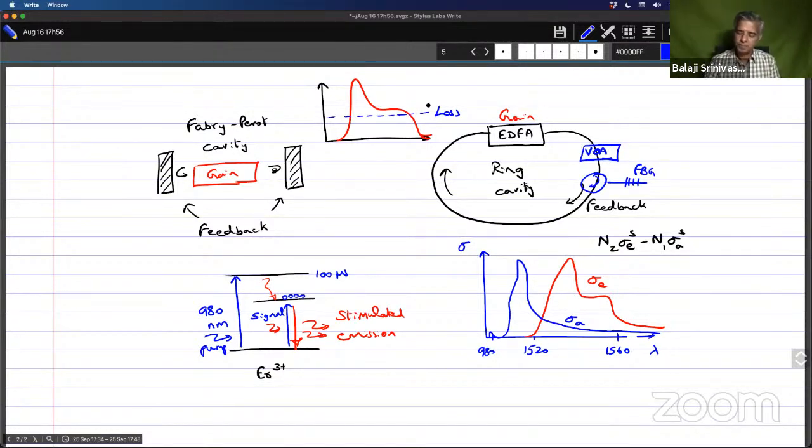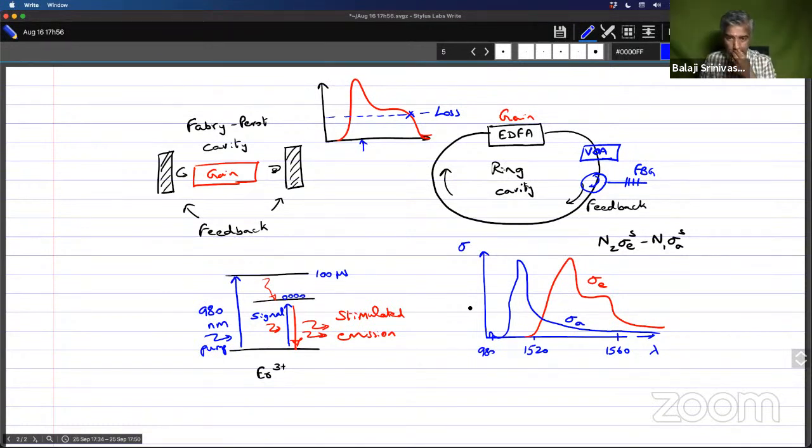And typically, I was saying it is where it meets the gain at the longer wavelength, and that is because your absorption cross section is lower as you go towards longer wavelength. So it's almost zero at longer wavelengths, and because of that, there is very little loss for those photons that are circulating in the cavity, and those are likely to survive the cavity more than photons at these wavelengths, where the absorption could be significant.